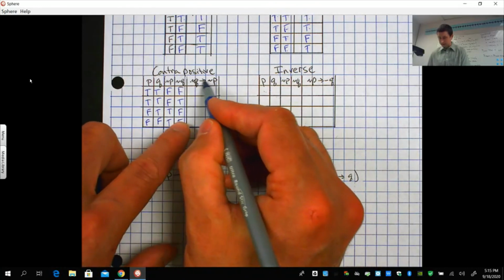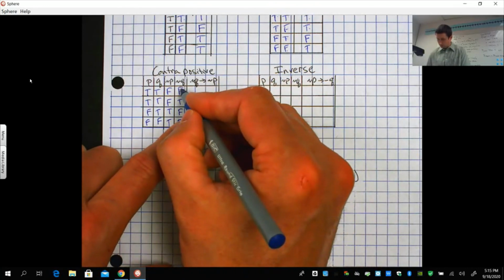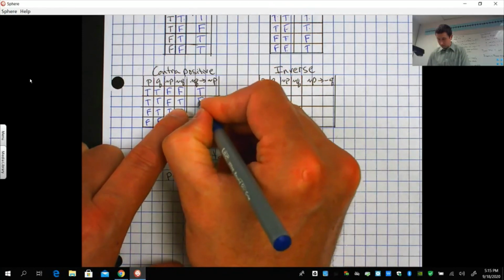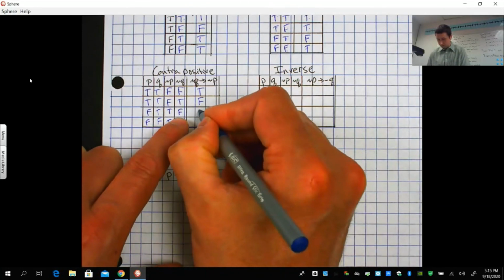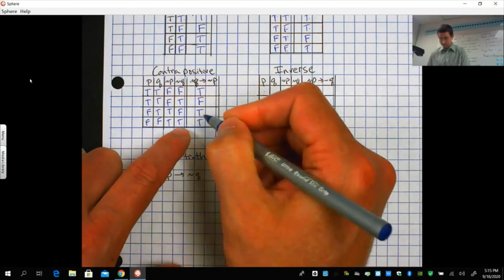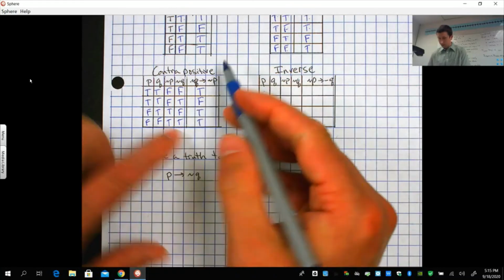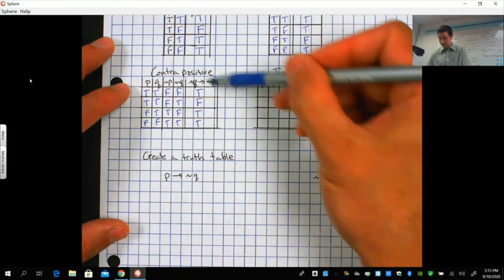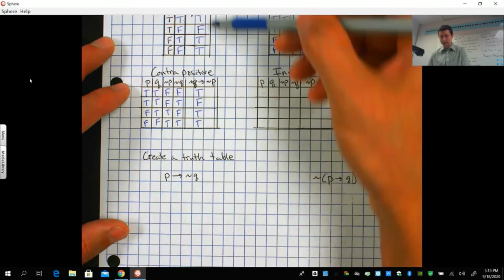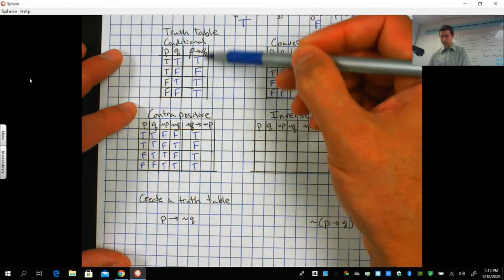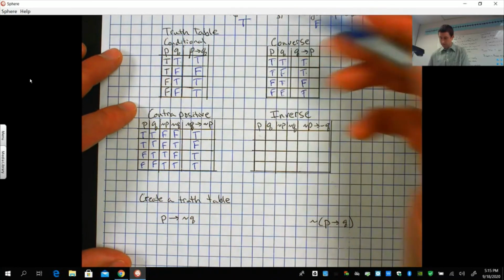Not Q implies not P. So false, false is true. True, false is false. False, true is true. True, true is true. Isn't that exciting? Lots of trues and falses. I want you to notice this true, false, true, true is the same that you get for the conditional. True, false, true, true. That means these two are logically equivalent.